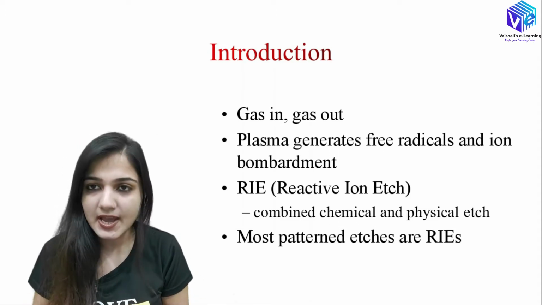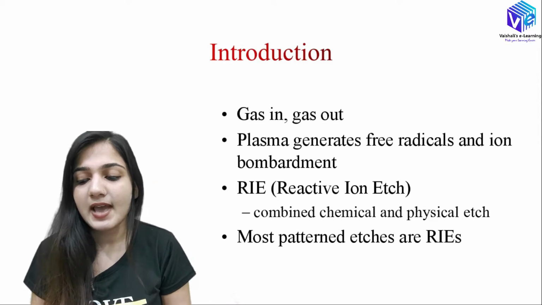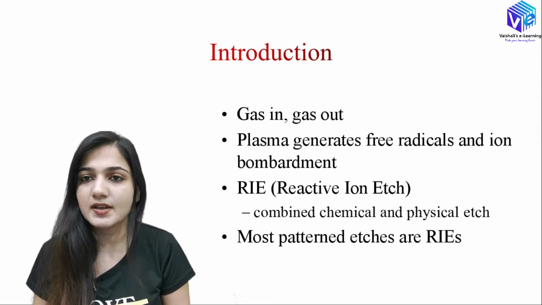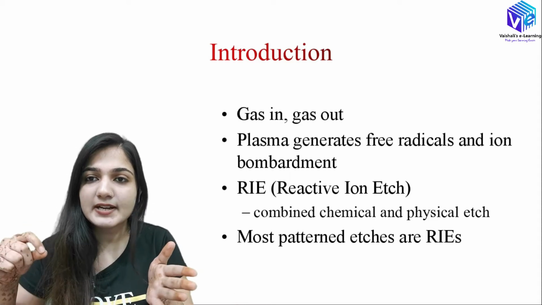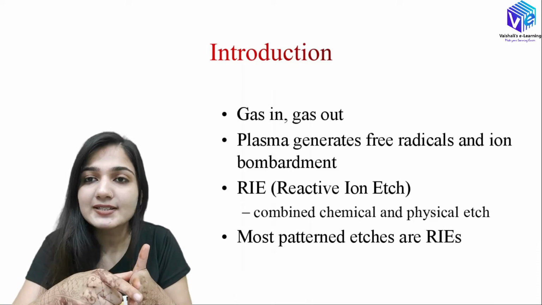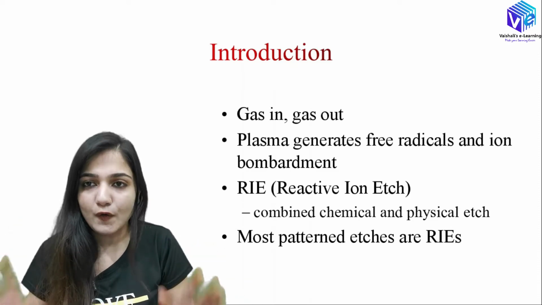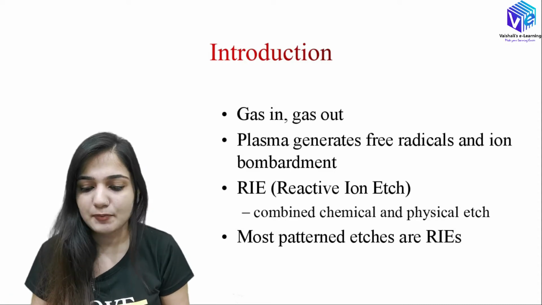This gives me the etching process. So it is a combination of chemical and physical etching. Some chemicals can be used to remove materials from the surface, and some chemicals may be used to protect some material layers also. So it is a combination of chemical and physical processes.